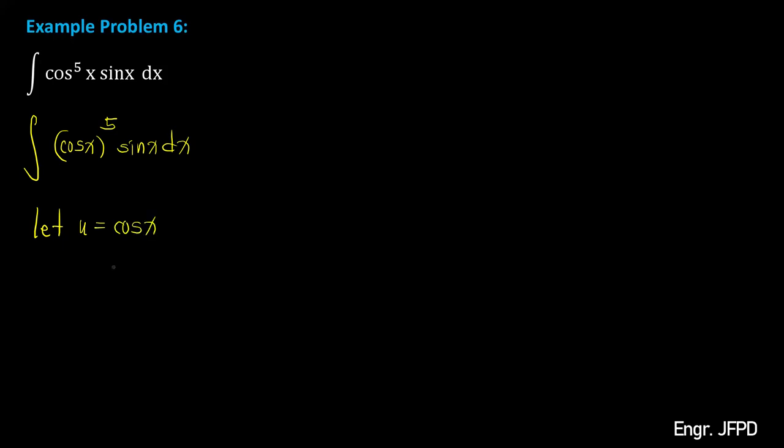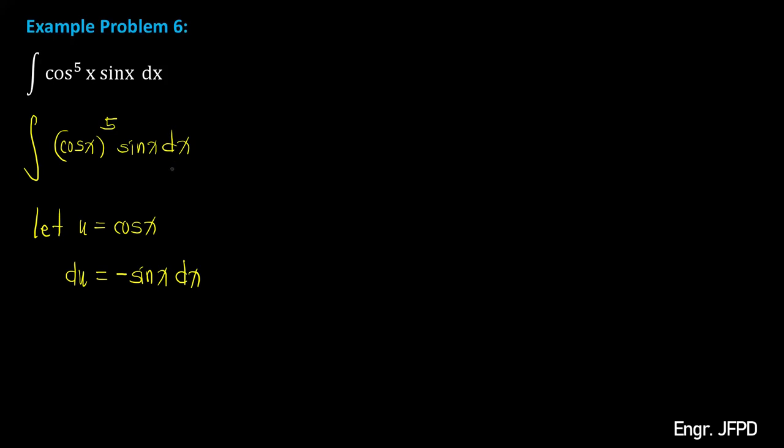Then, taking the derivative of this equation on both sides, this is du. And take note, for the derivative of the cosine of a function, this is the negative of the sine of the function, which is the negative sine of x, then multiplied by the derivative of the function, and for the derivative of the x, that is equal to dx.